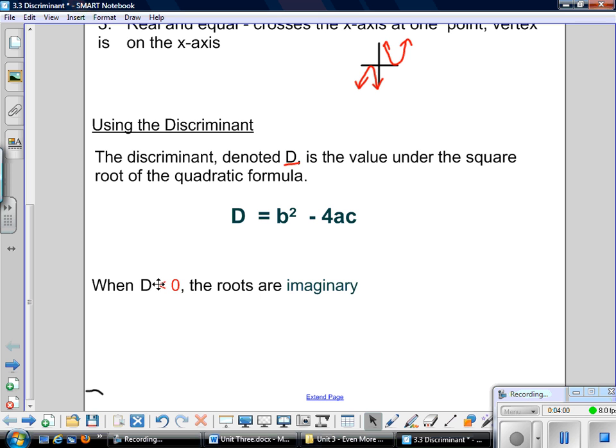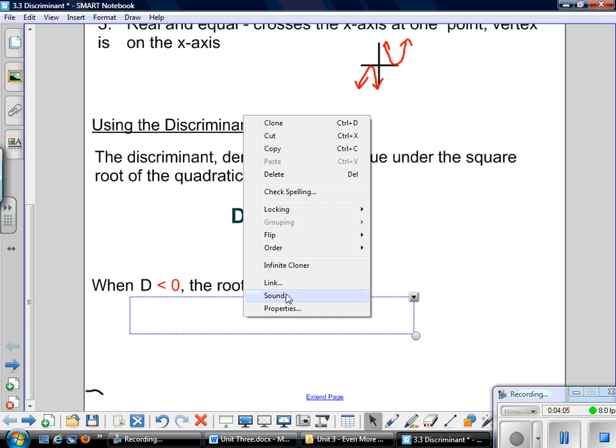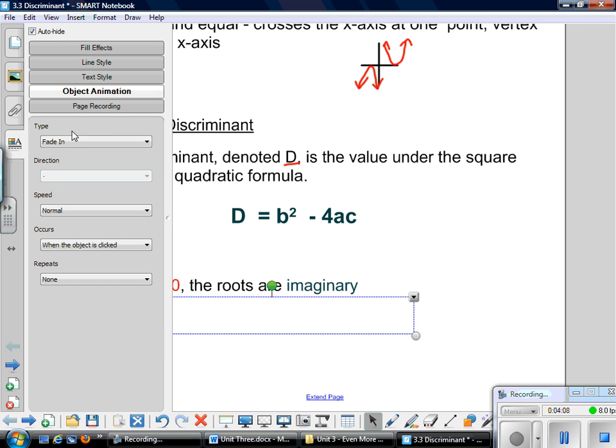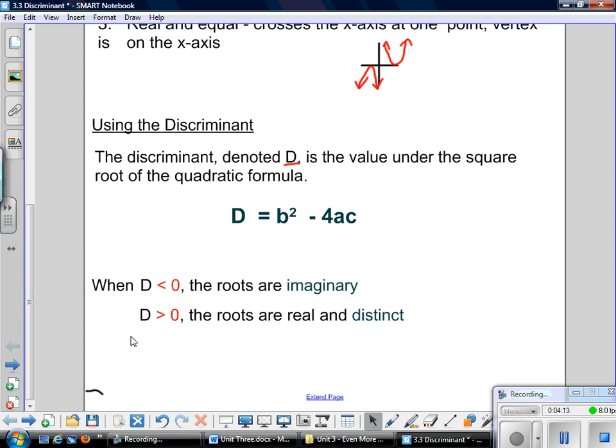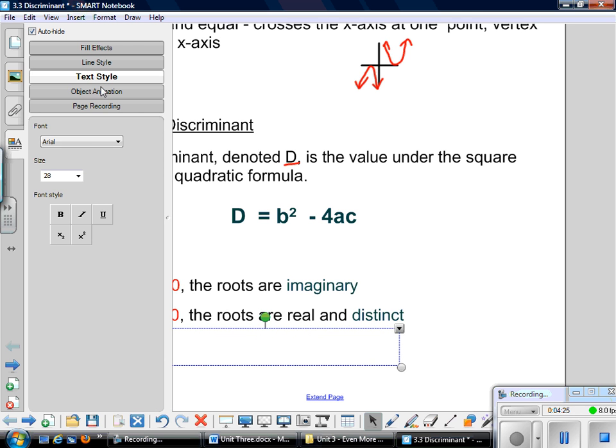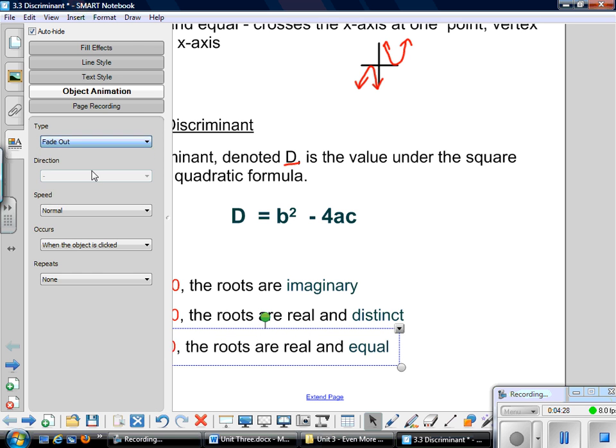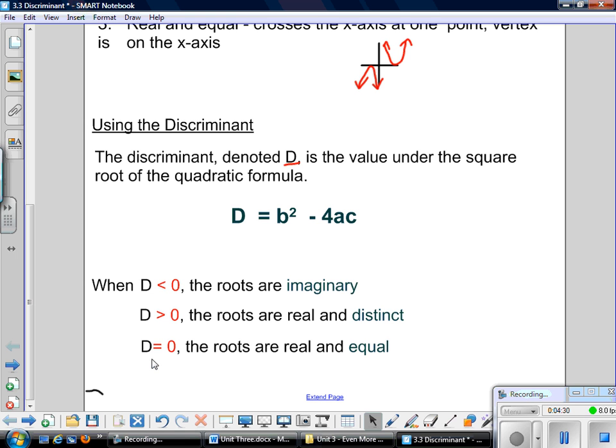So if the value of D is negative, we know it's imaginary. If D is greater than 0, in other words, if it's a positive number, the roots are real and distinct. It means it crosses the x-axis in 2 places. And finally, the last one tells us that if D is 0, then the roots are real and equal. In other words, the vertex is right on the x-axis.